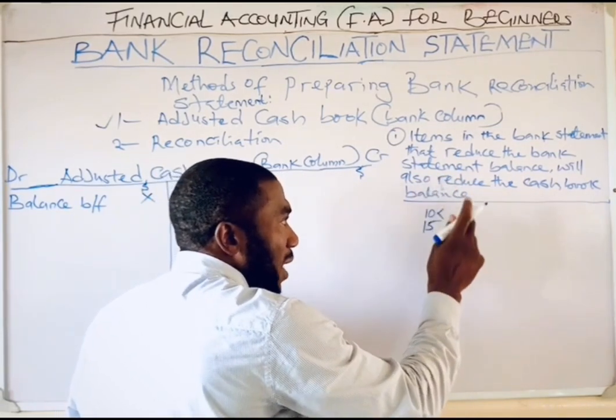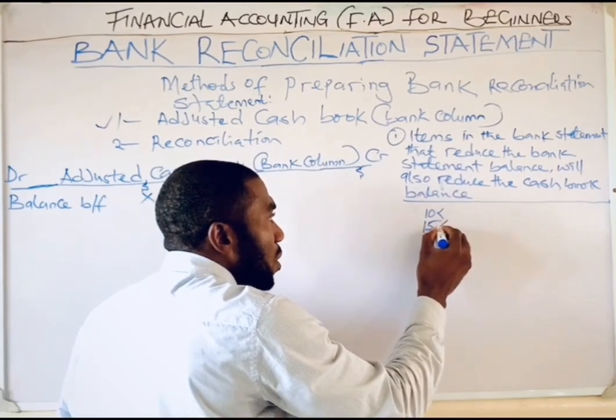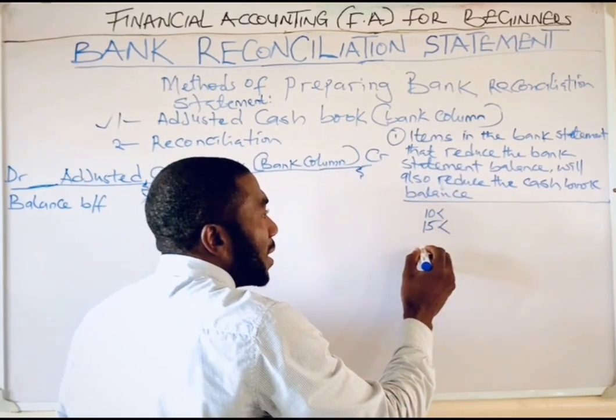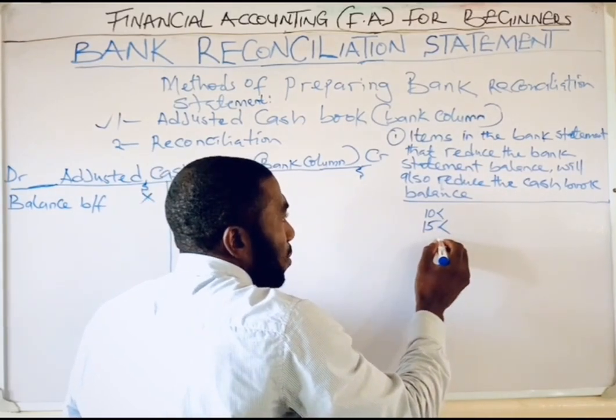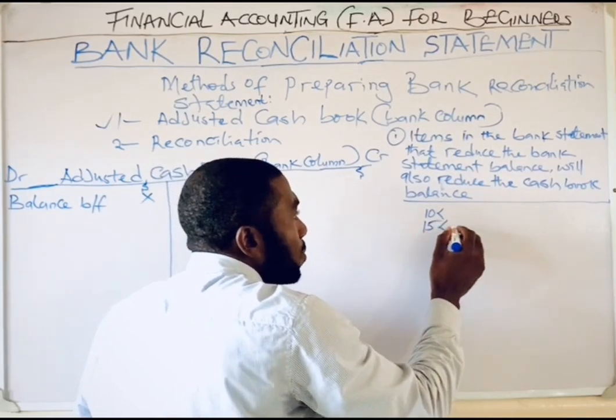If you identify those items, you come to your cash book balance and reduce it by this 5 so that it will be 10.